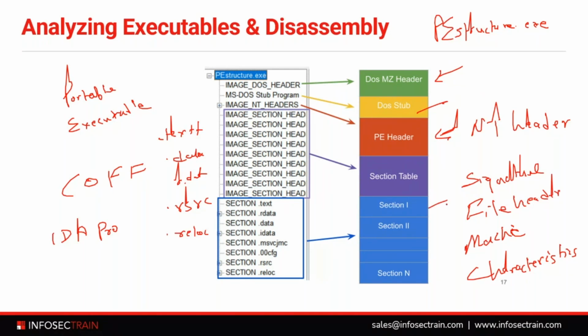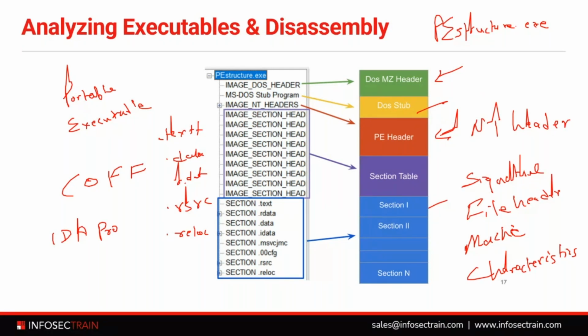Then you have the sections, right? So these sections, section 1, section 2, can go till section n. Each section contains actual content like code, global variables, import and export tables, debug information, right? And each section has a virtual address where it's loaded in memory, a raw offset where it's located in the file, permissions like read, write, and execute, and then memory mapping.